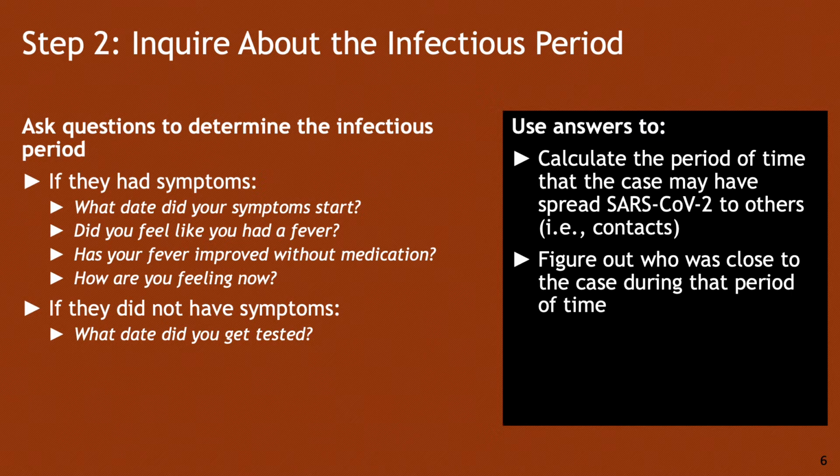And if they don't have symptoms, ask them when they got tested, when they first tested positive, because you need to calculate the period of time that this case may have spread to other contacts. And you need to figure out who was close to that case during that period of time when they were infectious.